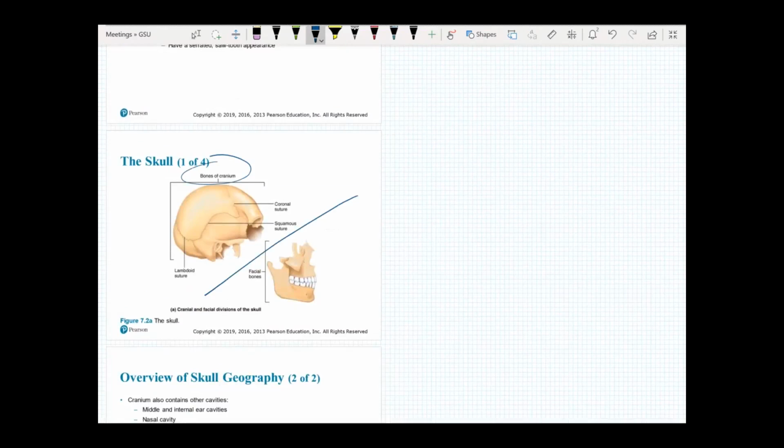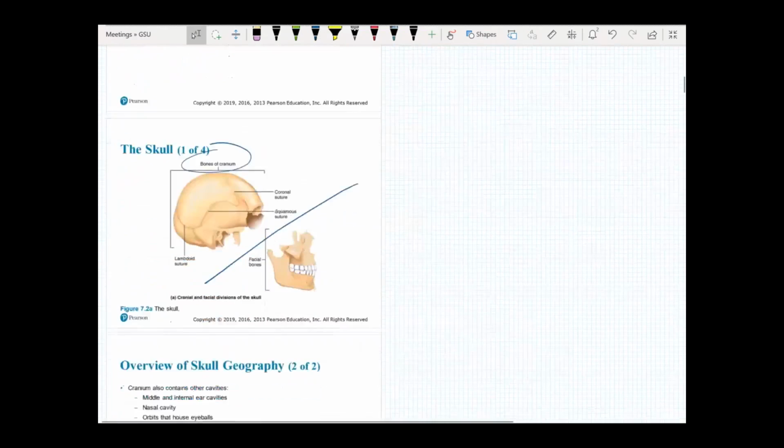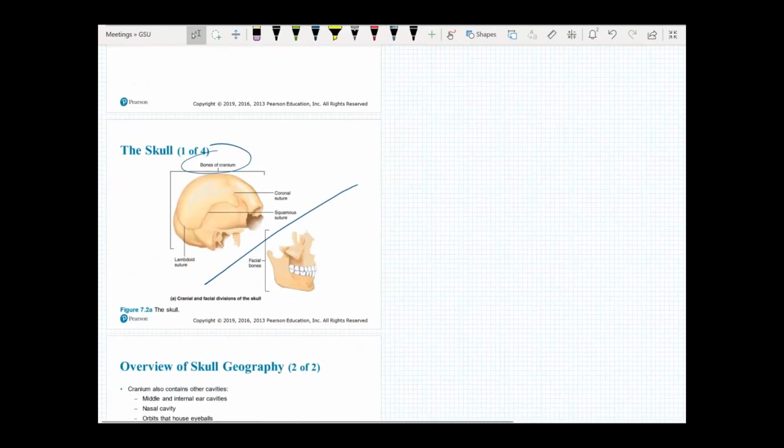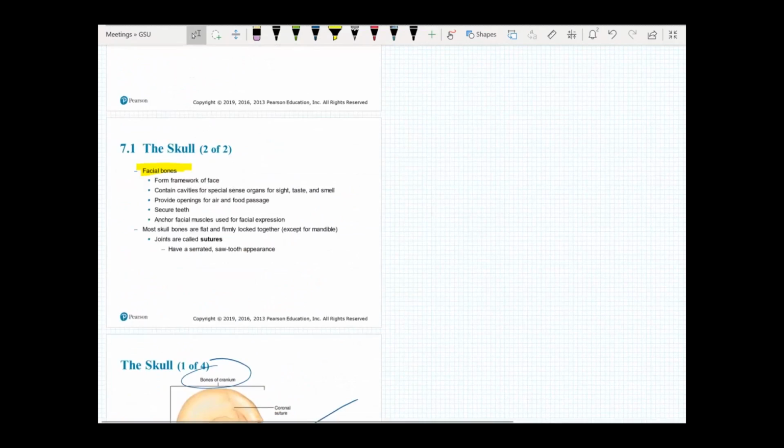and then when we get to the next section, when we're talking about the facial bones, we'll talk about some of these other pieces. So the bones of the cranium, when you're looking at these, all of these are going to be connected in our skull through something that is going to be called a suture. So a suture is how all of the bones in our skull are actually going to be connected. It gives them a saw-like perspective.